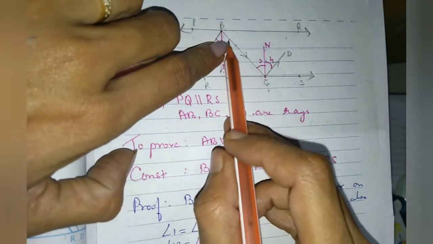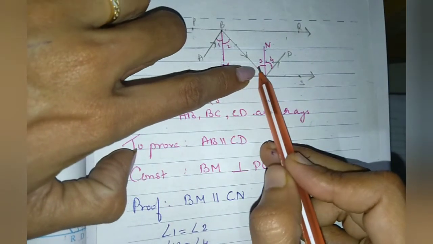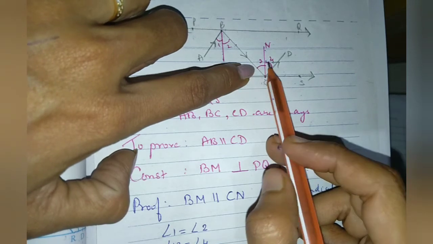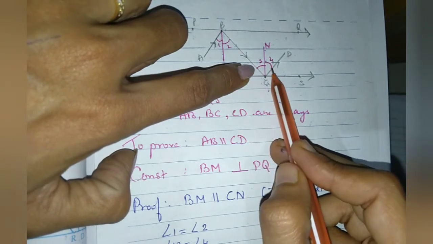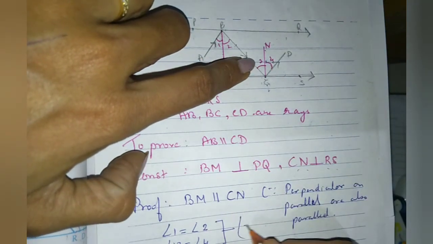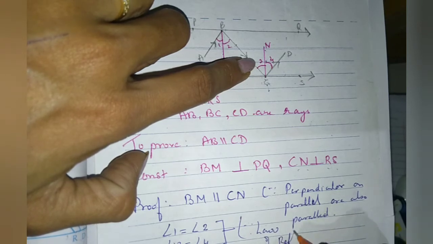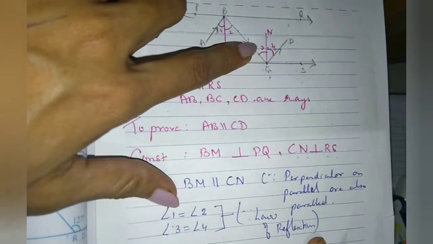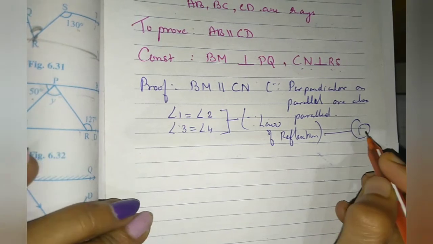Here also it is the same: BC is incident and CD is reflected, so according to the law of reflection, angle 3 is equal to angle 4. Let's call this equation 1.